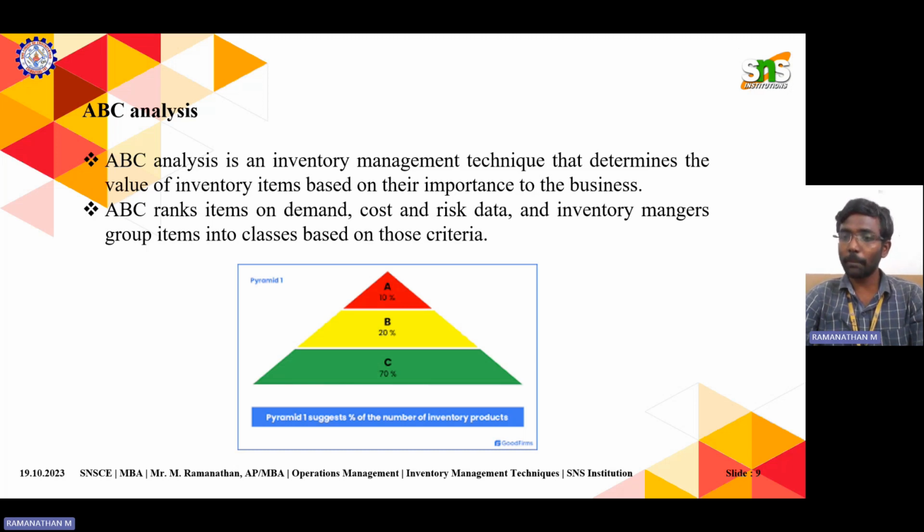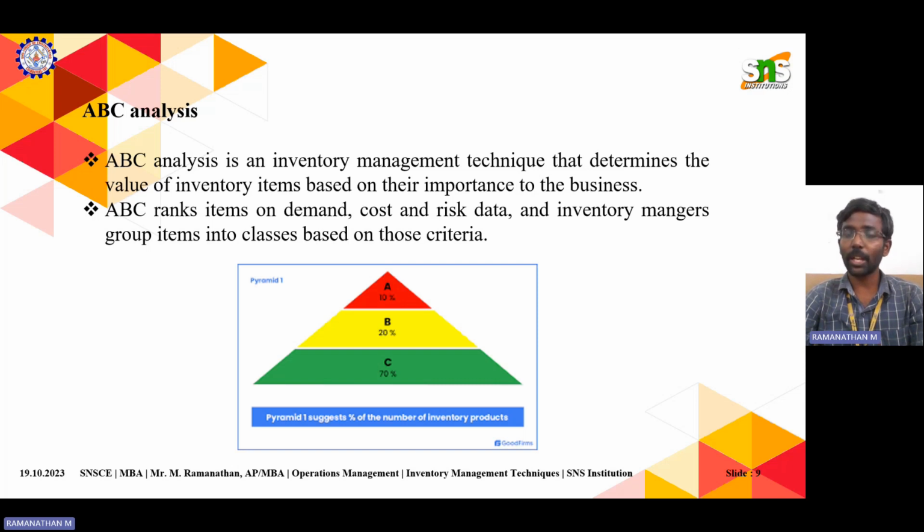So in B commodity, things will always be moderate. If you take A, the most expensive, like 30,000, 40,000, 50,000 products, we can't hold such raw materials, or even have the finished goods in large numbers.